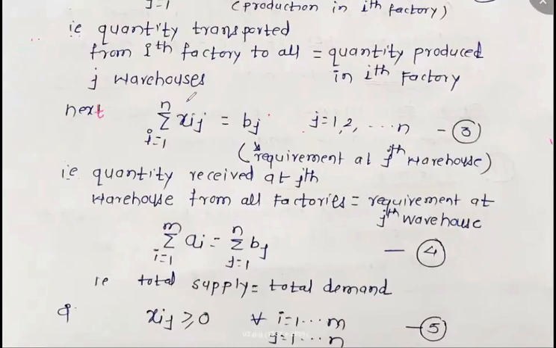Next, summation xij, i equal to 1 to m. Now put i equal to 1, we get x1j. Put i equal to 2, we get x2j, and so on. Put i equal to m, so we get xmj.